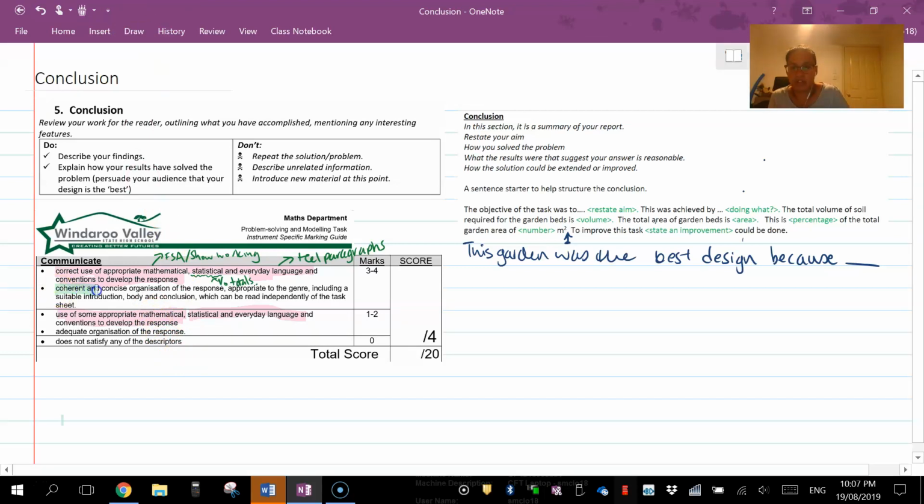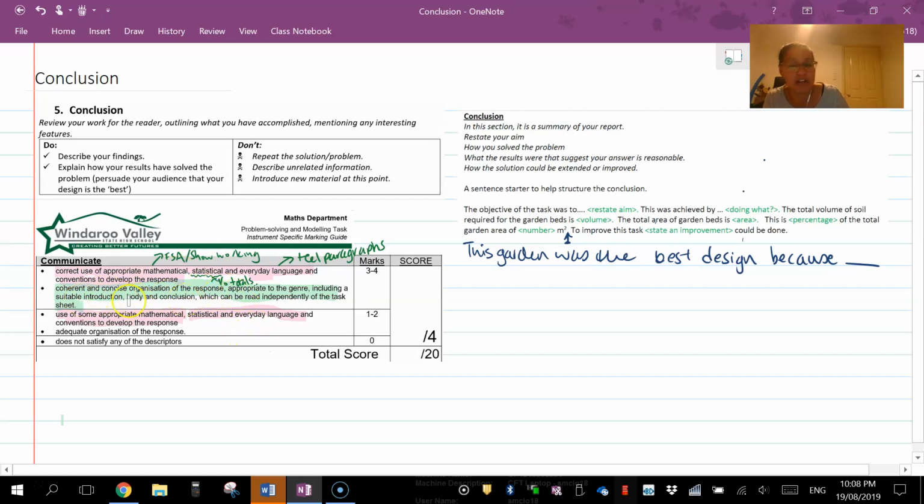Coherent and concise means that we don't want you waffling on. Coherent means that it makes sense. Organization of the response appropriate to genre is where you have introduction, body, and conclusion, and it reads independently of the task sheet. That is why we've asked you to write an introduction where you put the context in your own words and state what the aim is, and why we're asking you to write a conclusion so that you can summarize this and follow the type of genre, which is a report: intro, body, and conclusion.